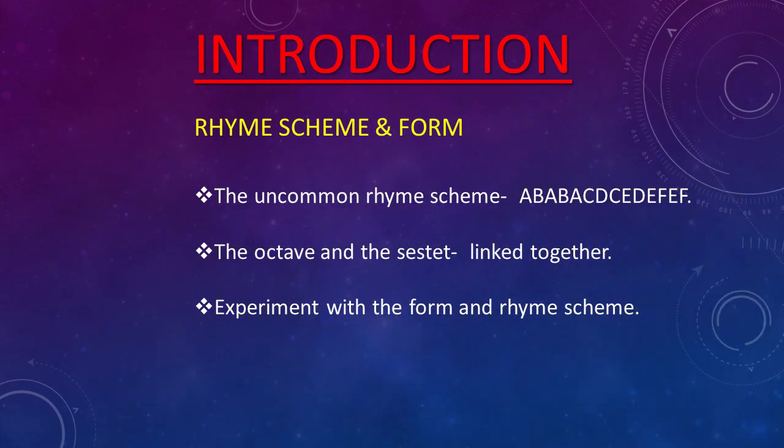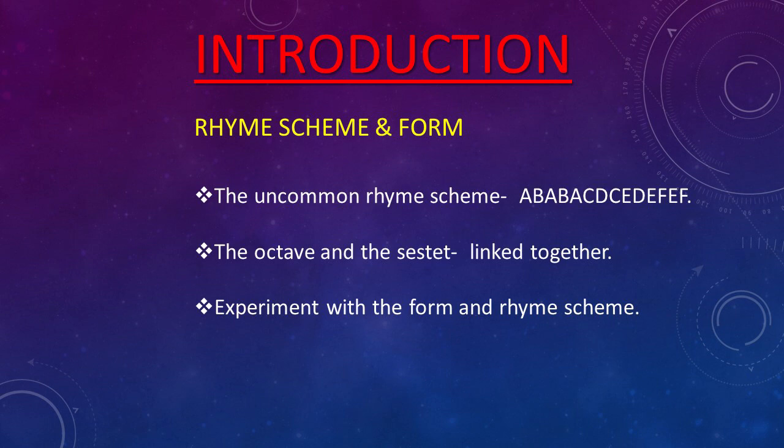The sonnet is in iambic pentameter with some irregularities. The rhyme scheme is A B A B A C D C E D E F E F, which is uncommon for a sonnet. The octave, the first 8 lines of a sonnet, and the sestet, the last 6 lines of a sonnet, are linked together.